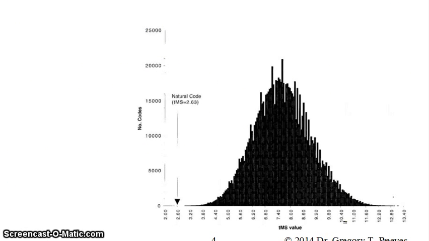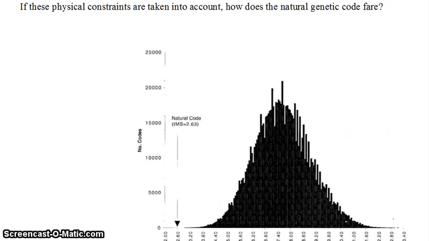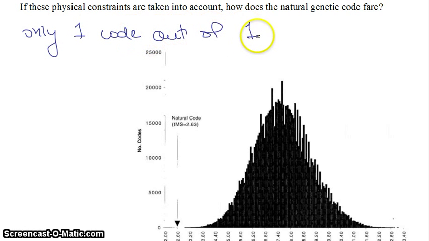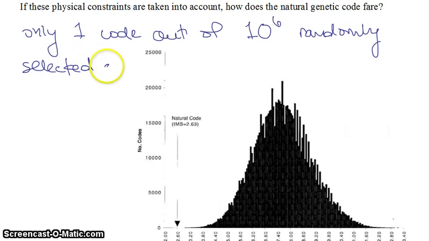Well, it turns out that when you take into account these biases, only one code out of 1 million randomly selected codes, again with the same structure as the natural genetic code, was better. So only one was better than the genetic code out of 1 million when you take into account all these different kinds of biases.